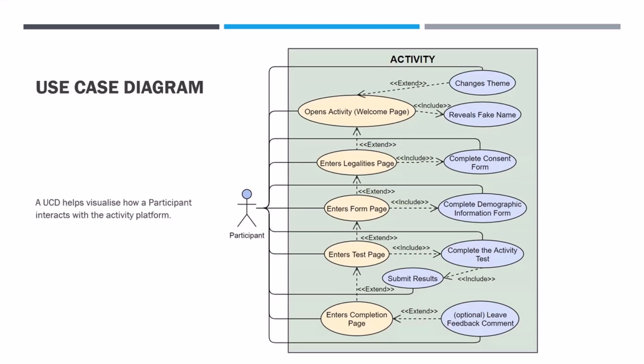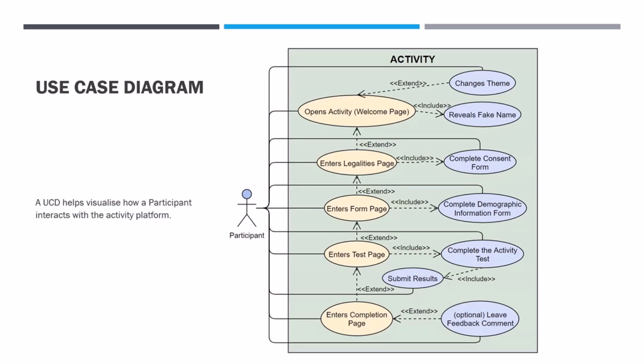The activity then extends to take the user to the legalities page, where it's included that the user will have to fill out their consent form. This means that they read through all of the terms and then sign at the bottom and are given a PDF with my signature, the project organizer, and their own signature and the date that they've signed.